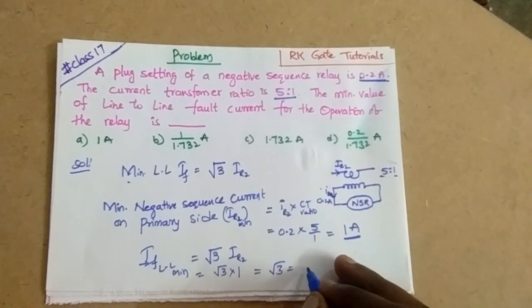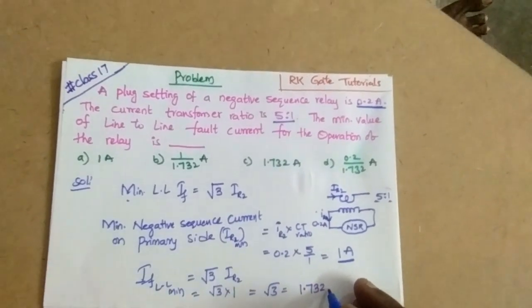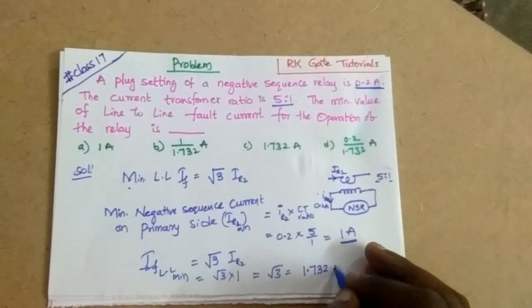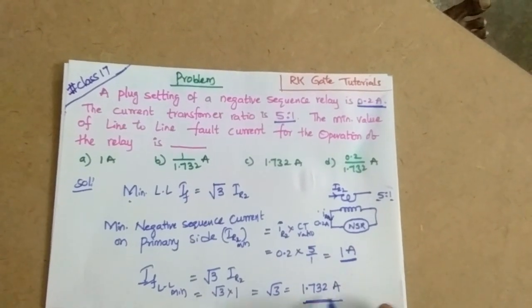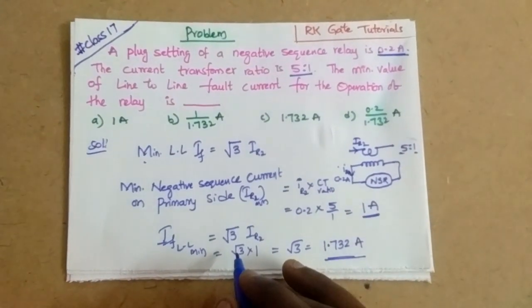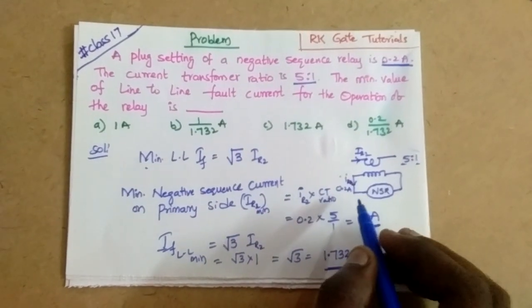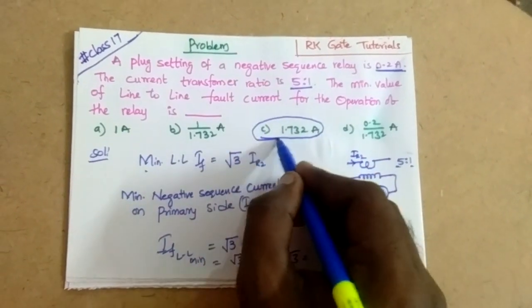What is the value of √3? That is 1.732 amperes. So this is the minimum value of the fault current for the functioning of the relay. So option C is the correct answer.